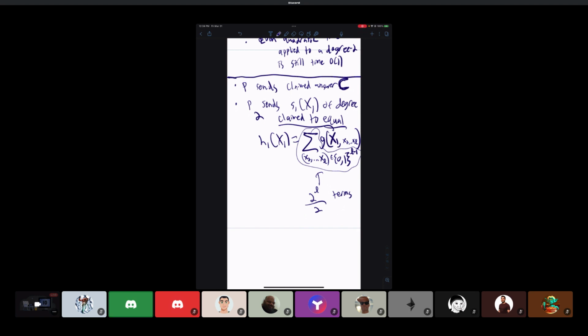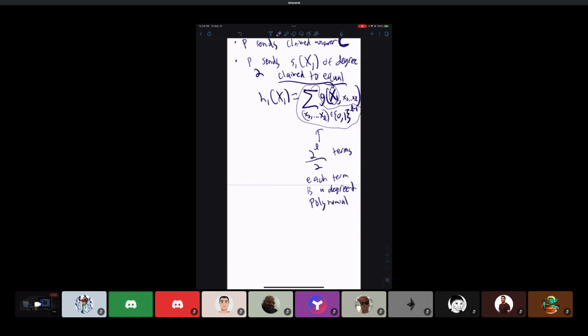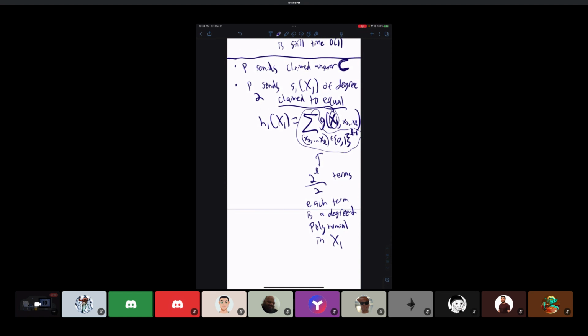But the point is, while there's a huge number of terms, because G has degree 2 in its first variable, each term in this sum is a degree 2 polynomial in X1. And it doesn't matter how many degree 2 polynomials you sum up, the result is still just a degree 2 polynomial. So I'm taking 2^L over 2 degree 2 polynomials in one variable and summing them all up. That gives me what the honest prover would send in round 1.